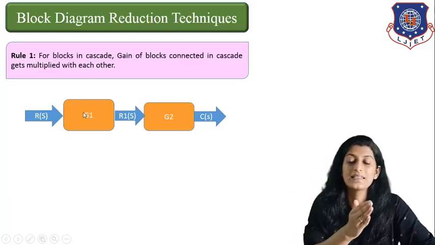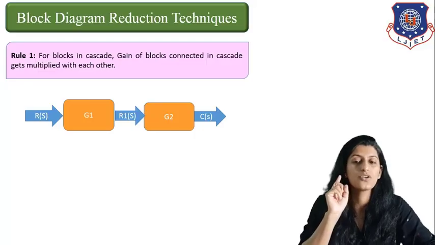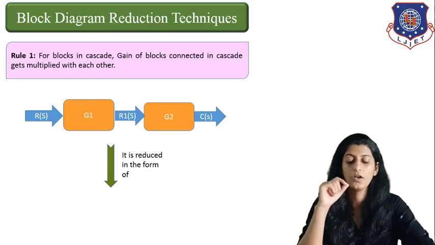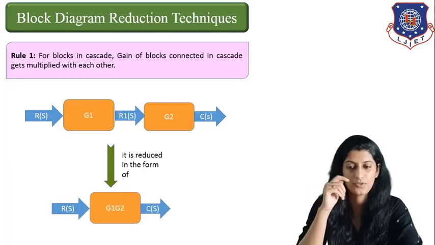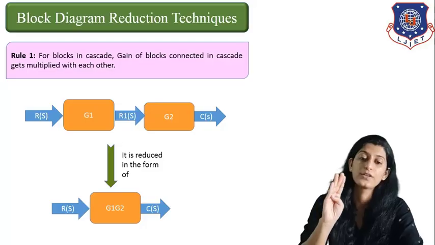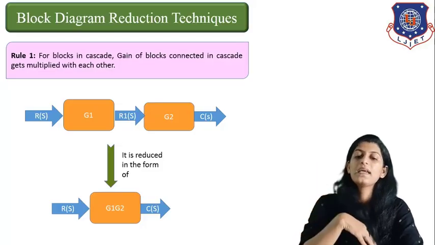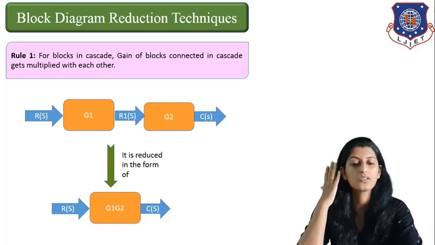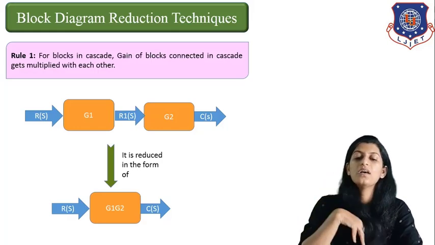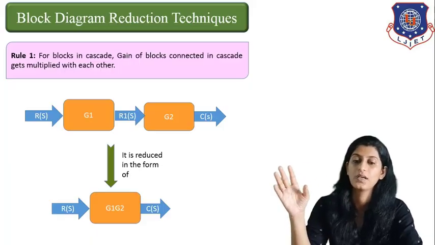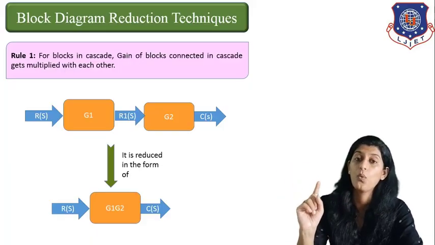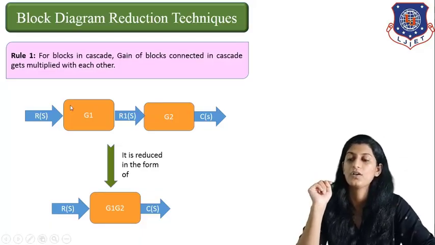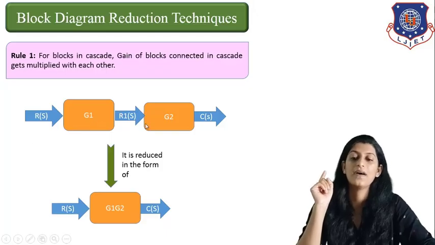So to reduce this particular block diagram, I can simply write it in terms of G1 into G2. The simple multiplication of the transfer functions of both the blocks will give you the overall transfer function.